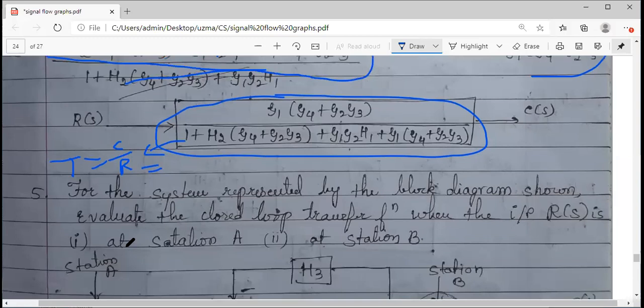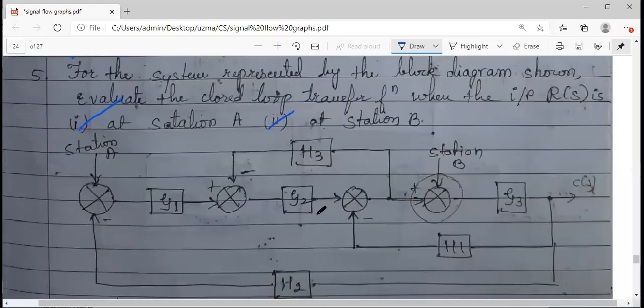The next problem, this is your prescribed textbook exercise problem. For the system represented by the block diagram, evaluate the closed loop transfer function when the input R of S is, there are two questions actually here. Look at the block diagram.